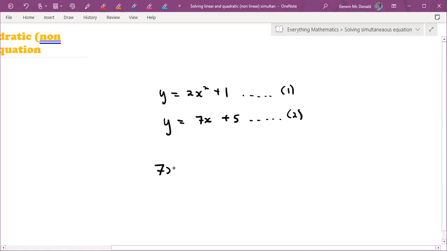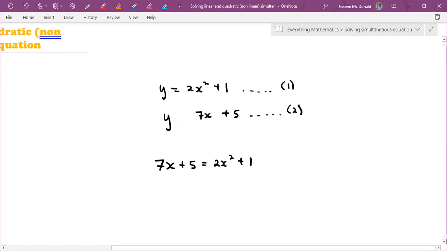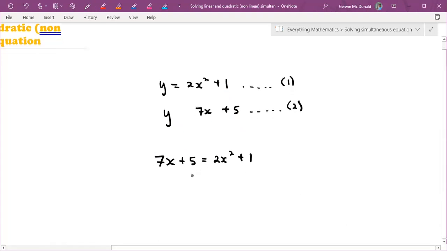So we have 7x plus 5 is equal to 2x squared plus 1, because y is equal to 2x squared plus 1, and y is also equal to 7x plus 5. So I just substitute a given fact. And from here it's just a matter of making a quadratic equation.